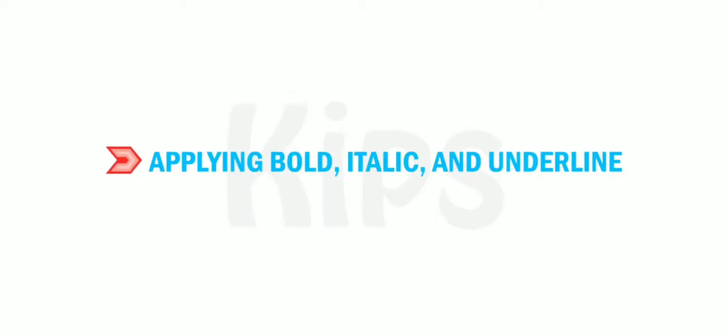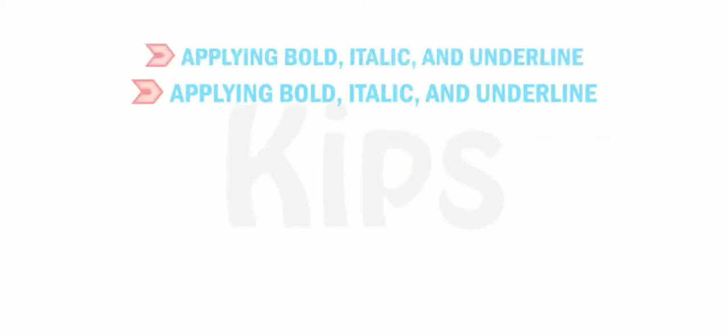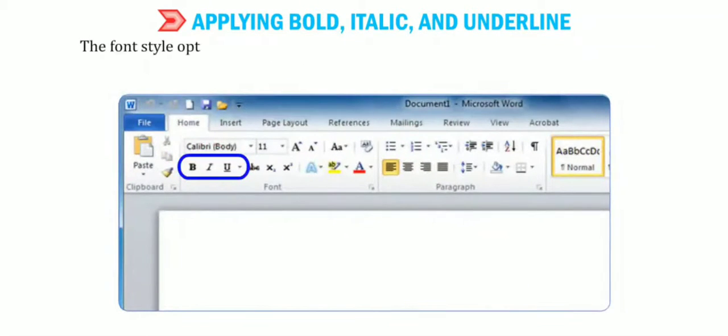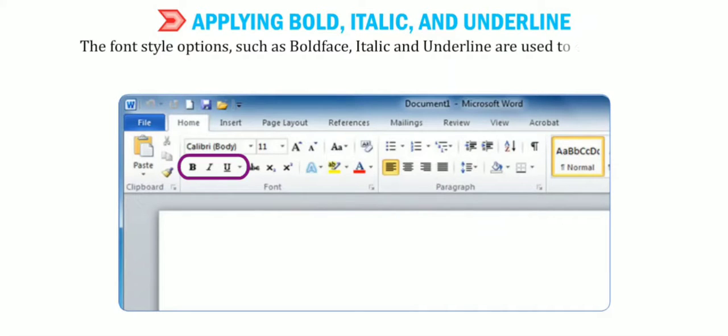Now let's see how to apply bold, italic and underline effect. These all are very easy. The font style options such as bold, italic and underline are used to emphasize the text and catch the reader's attention. First of all, let's see how to apply the bold effect.